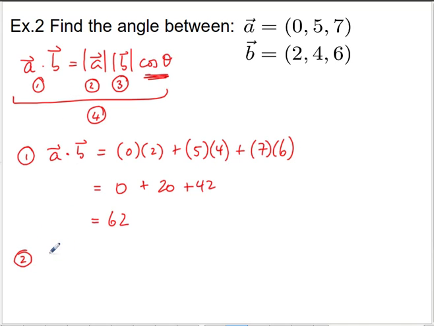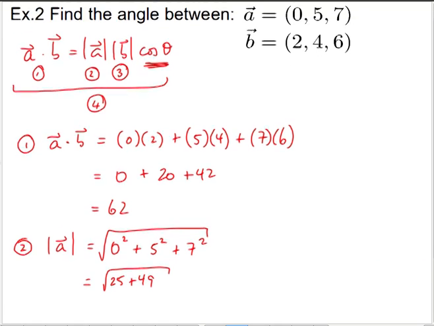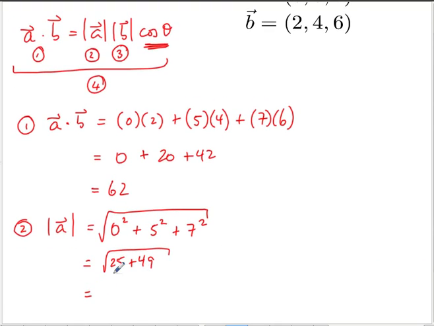Step 2, the magnitude of A. That's equal to, I square the x component, I square the y component, I square the z component, and then I take the square root of the whole thing, and that ends up being the square root of 25 plus 49, and that is equal to the square root of 74.